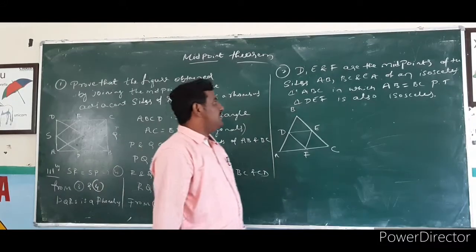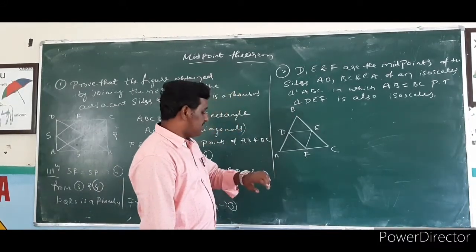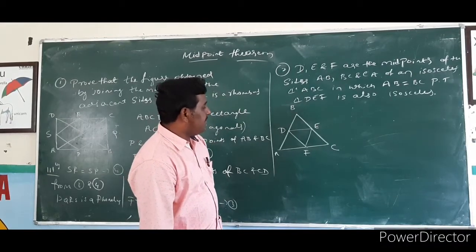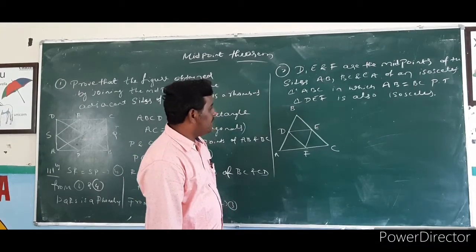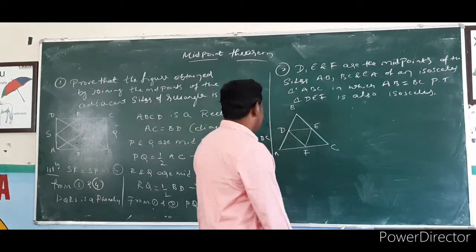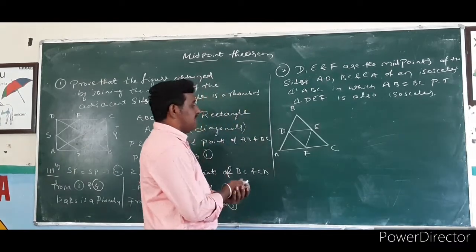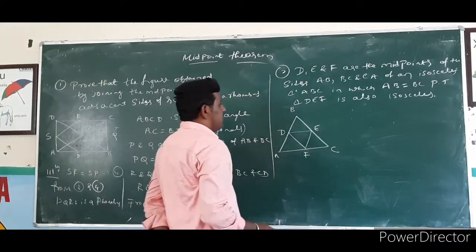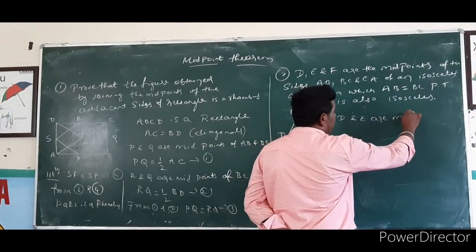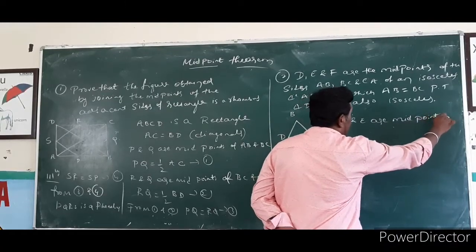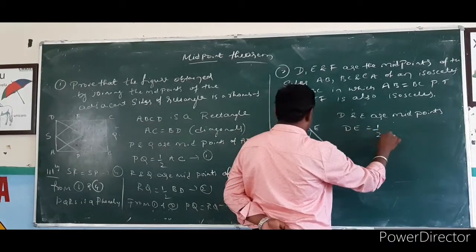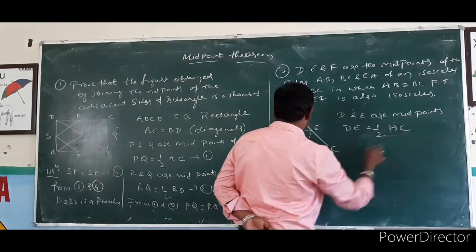Next problem: D, E, F are the midpoints of the sides AB, BC and CA of an isosceles triangle ABC, where AB is equal to BC. Prove that DEF is also an isosceles triangle. If D and E are midpoints, DE is half of AC.